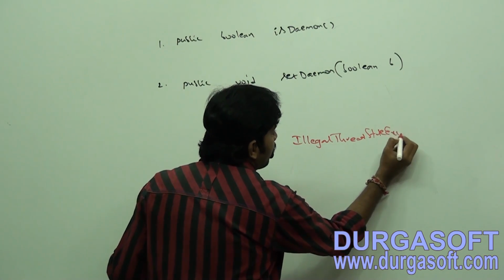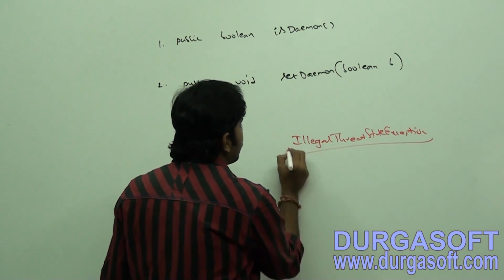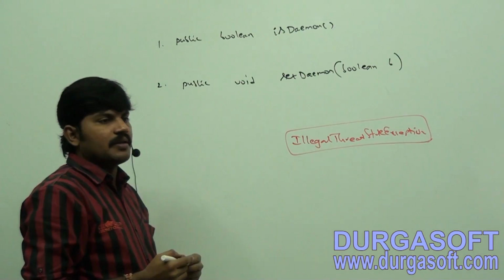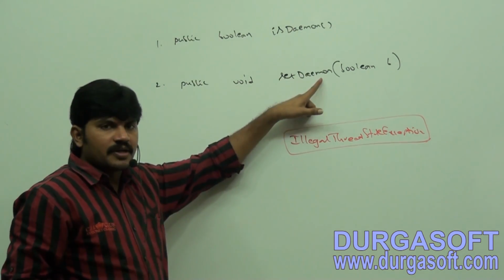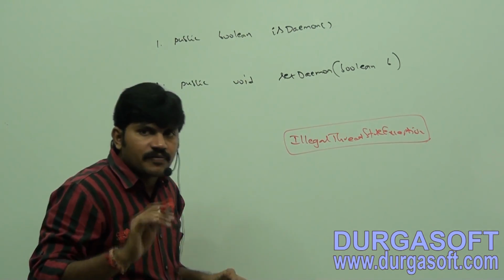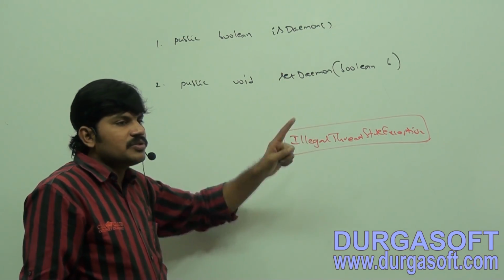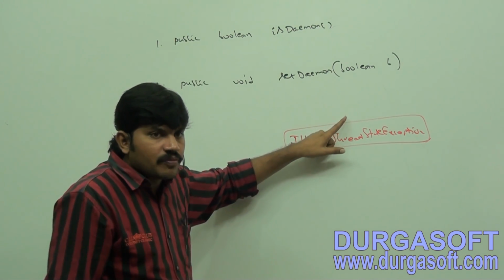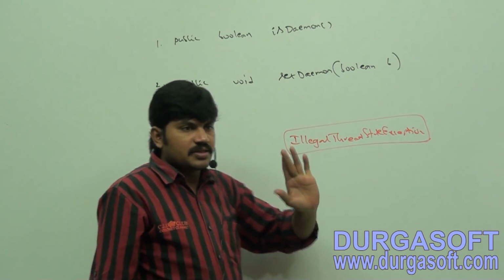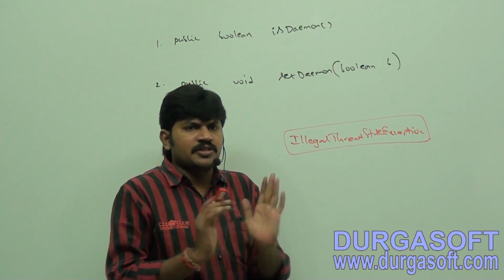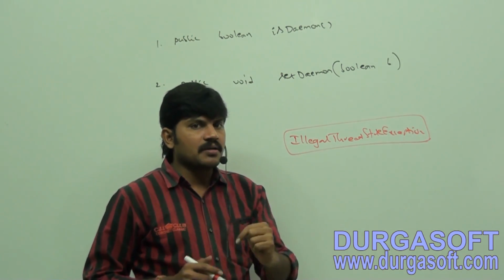Make sure you are aware of IllegalThreadStateException. Let me repeat once again. We can change the Daemon nature before starting a thread only. After starting a thread, if we try to change the Daemon nature, we will get IllegalThreadStateException.